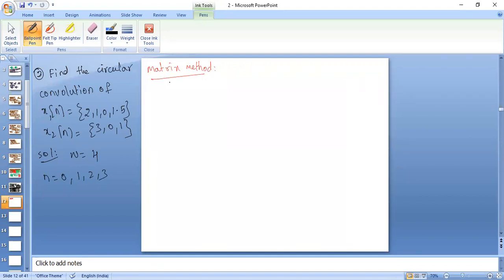So here we know that y of n is equal to sigma m is equal to 0 to N minus 1 x1 of m into x2 of n minus m mod N. Here let us substitute the values initially.